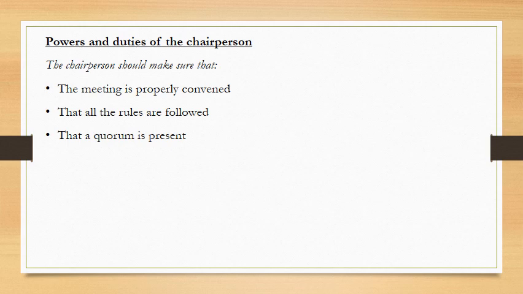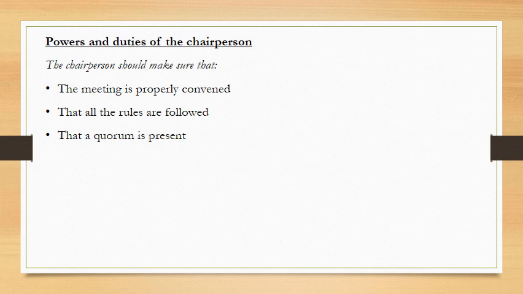He or she makes sure that a quorum is present. Like I said, a quorum is the minimum number of people that's allowed to be at a meeting for the meeting to be legal. So you can't have an organization with 50 people and then 2 show up and they make all the decisions and expect those decisions to be legal.